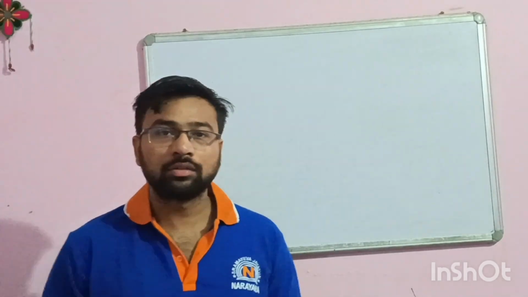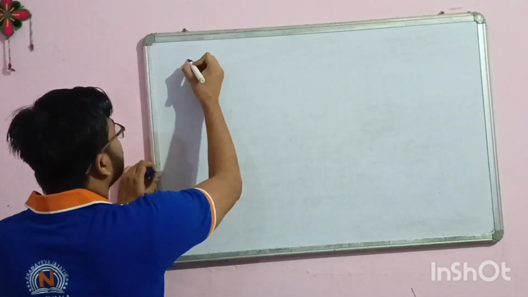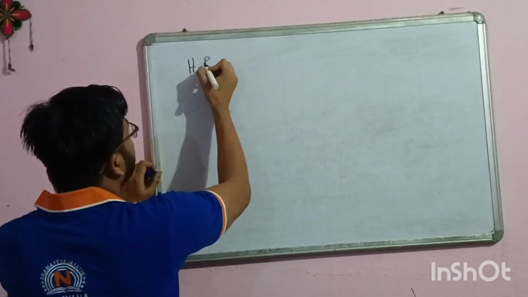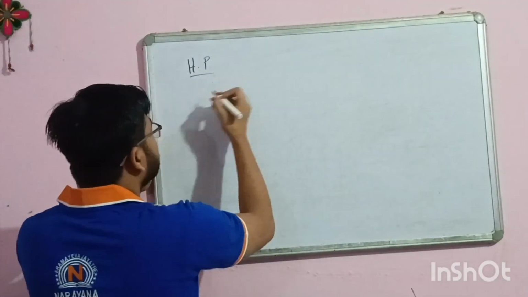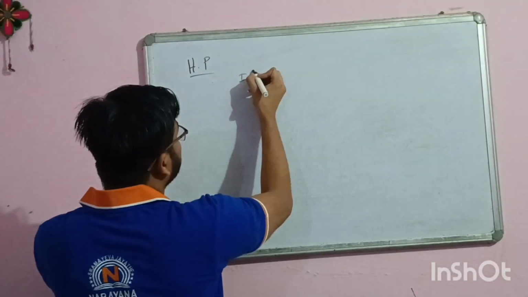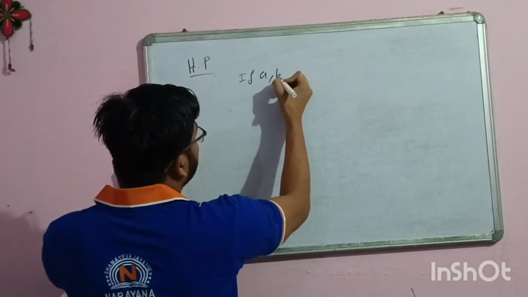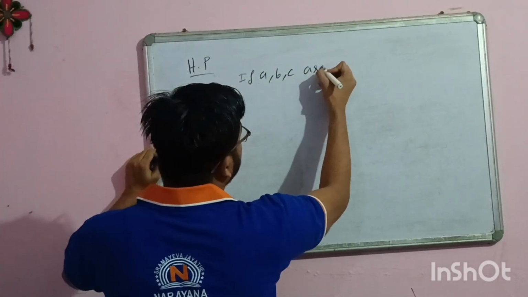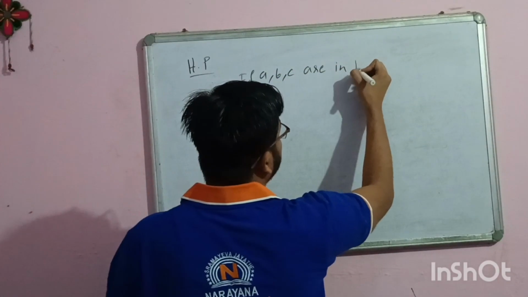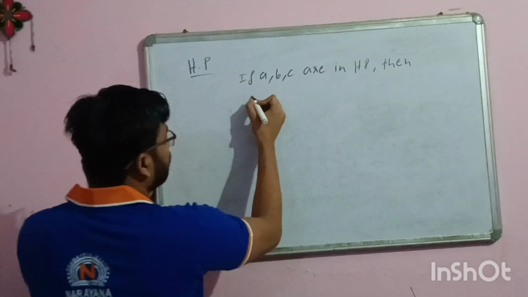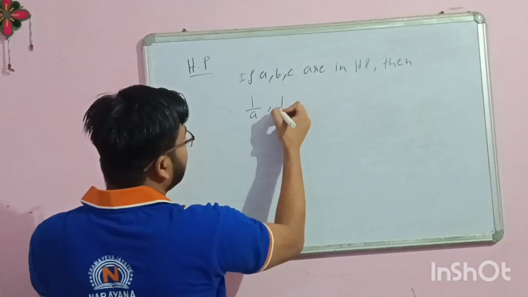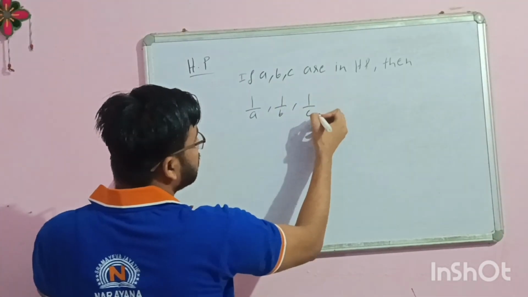Now we will study about HP. What is HP? HP is a harmonic progression, in which if A, B, C are in HP, then 1 by A, 1 by B, 1 by C are in AP.